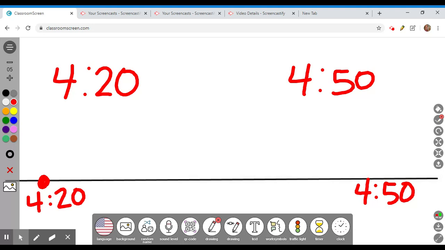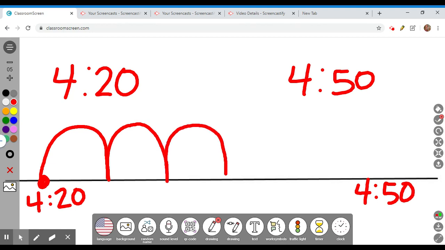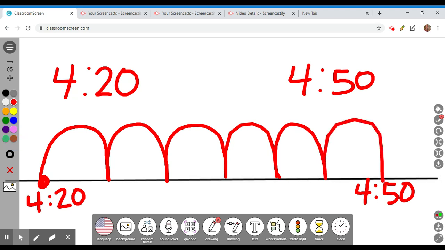So I'm going to start here at 4:20 and I'm going to start moving my hills along the number line. And as I do so, I'm going to count the times. Okay, so I'm going to move 5 minutes and now it's 4:25, 4:30, 4:35, 4:40, 4:45, and 4:50.